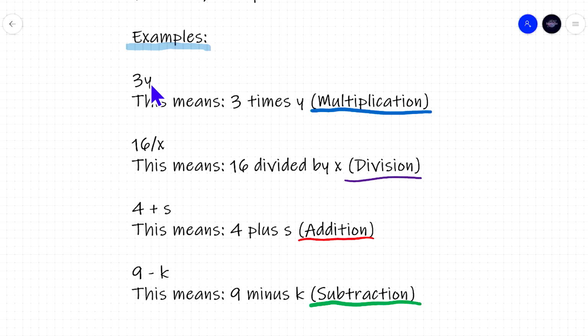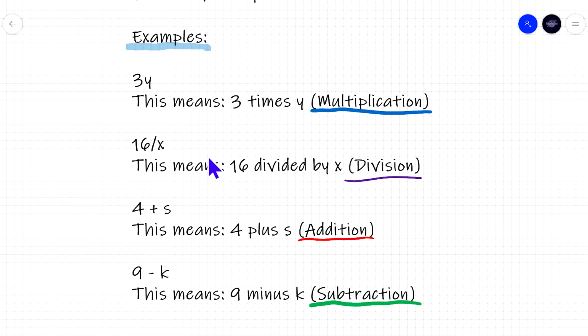So here we have some examples. So this means 3y, and it means 3 times y, so it's multiplication. In this case, y is the variable. So in the second example, we have 16 divided by x. This is a divided sign. It's like a slant slash, if you will.